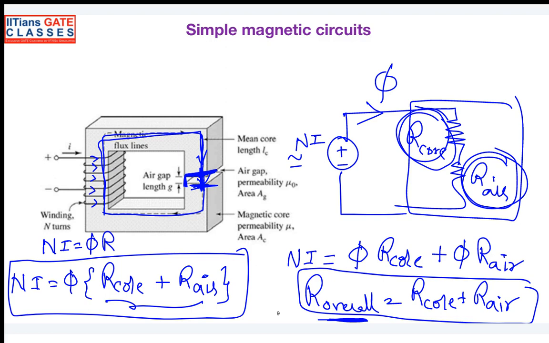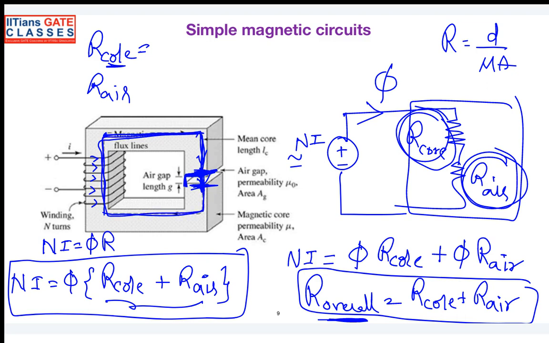So in this case, what is the reluctance of the core and what is the reluctance of the air gap? You have to define it. The reluctance is d by mu into A. So you can see here, if you want to define the core reluctance, you have to consider the length from here to here and here to here before the air gap, and again from here to here, making a loop.